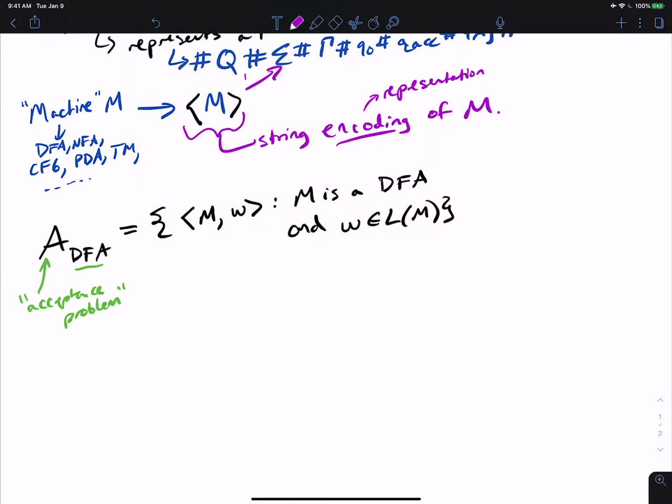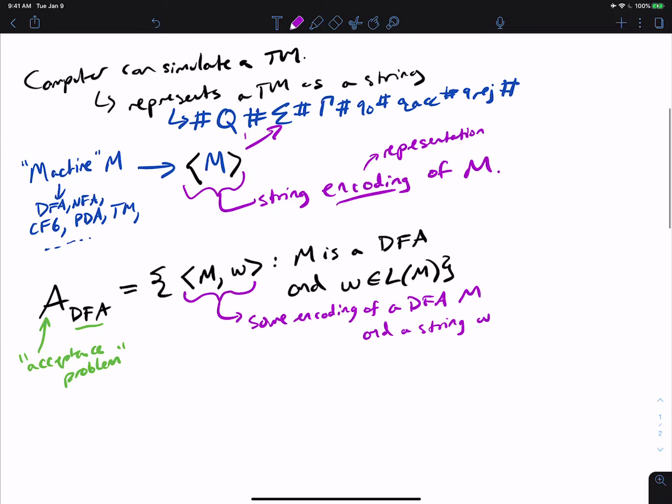So what is this angle bracket MW thing? This is some encoding of a DFA M and a string W. So it's not just the machine, but somehow we're fitting another string into the mix, and we're writing this out as a string.